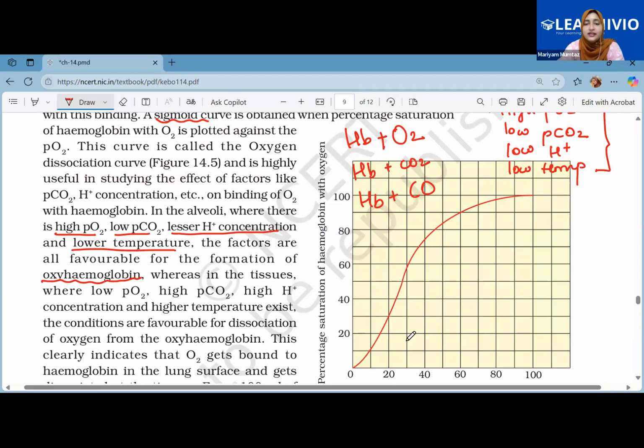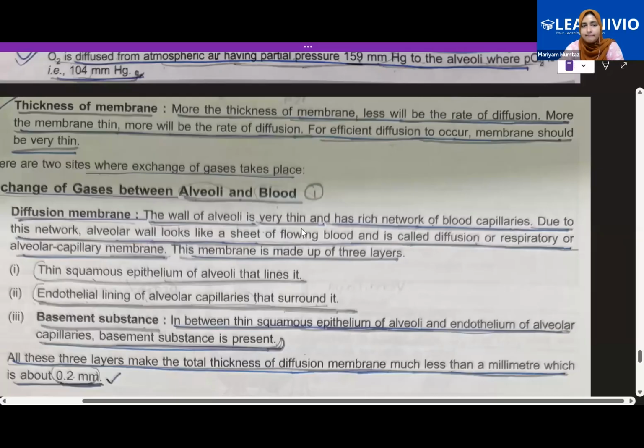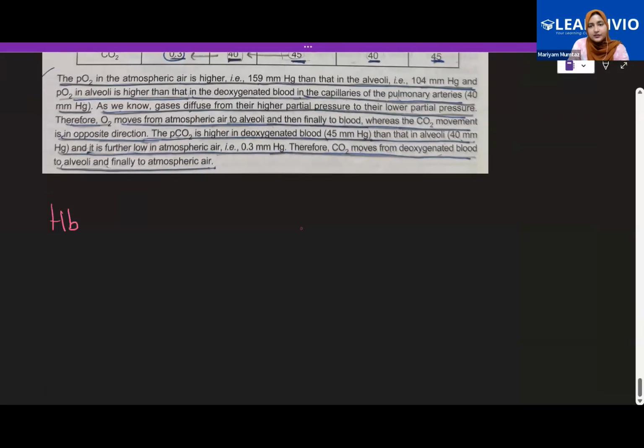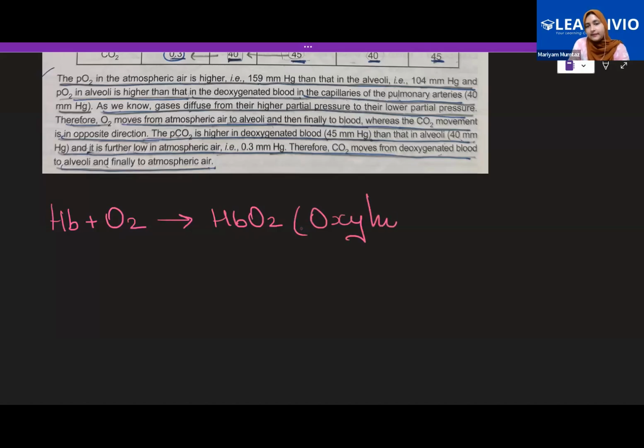So you people can write that down somewhere. Wait, I'll open my notes. You can write it this way: Hb plus O2 gives you HbO2, and this is called oxyhemoglobin. What is carbonic anhydrase? Carbonic anhydrase is an enzyme that will be responsible for the formation of bicarbonate.